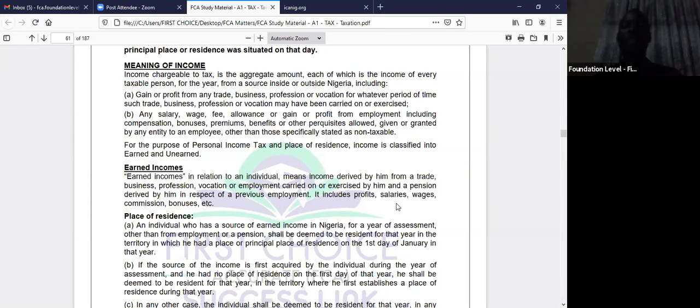For example, specifically, gratuity is exempted from taxation, so you don't include it. Pension is also excluded from taxation.